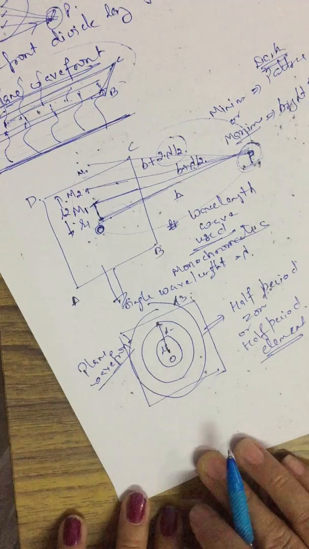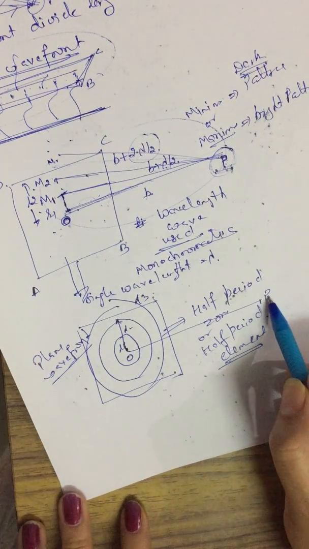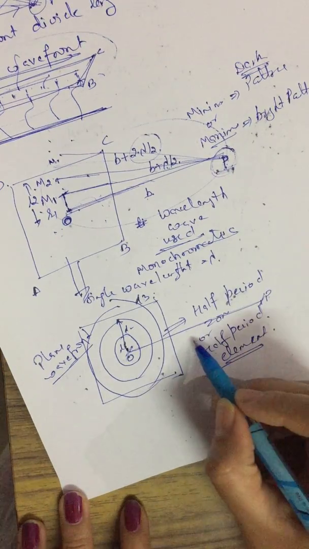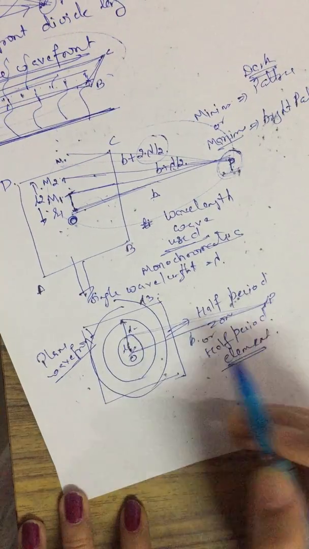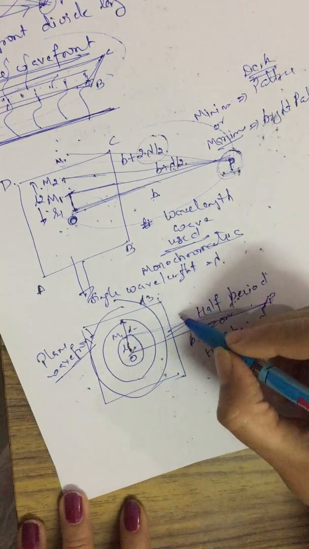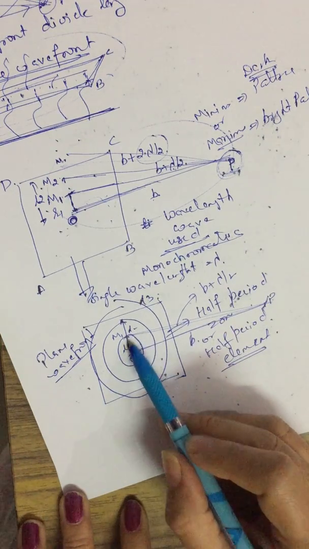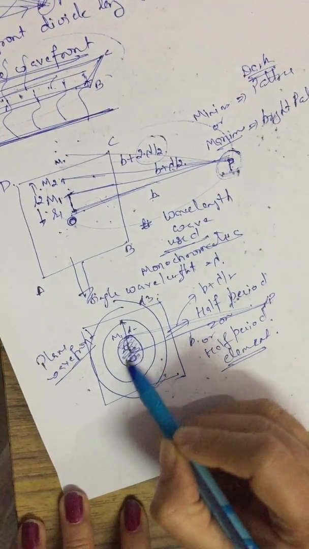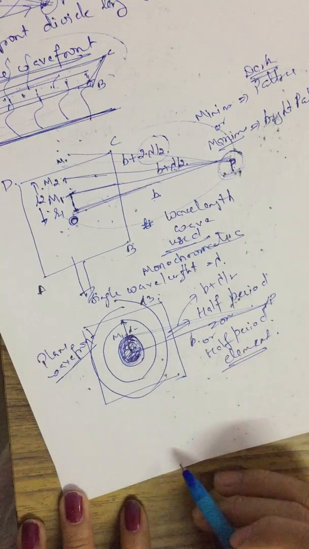What is the use of these zones? If we consider again P as our observation point, the distance of O to P is b, and the distance of the M1 point from P is b plus lambda by 2, then what is the average distance of this first half period zone, this area which is covered by this first circle?